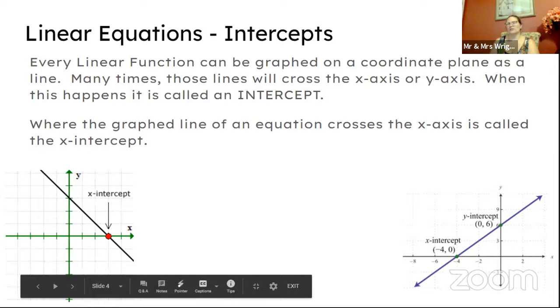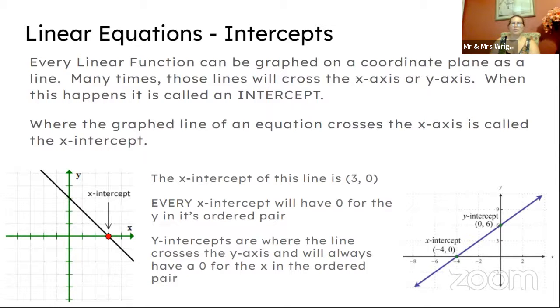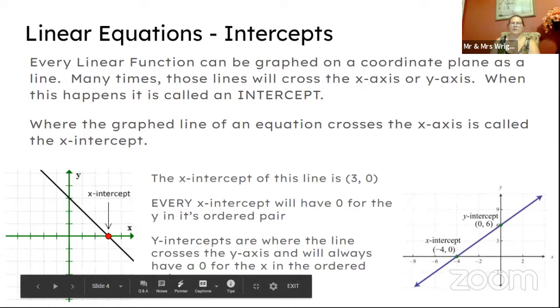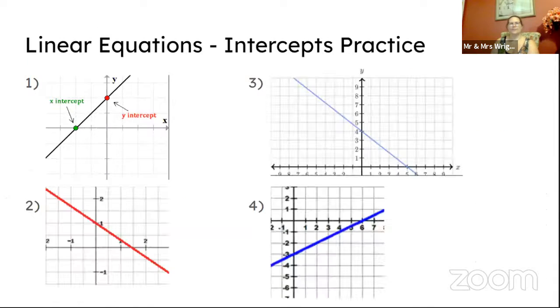You're going to keep that in mind as we solve these. Here it says every x-intercept will have a 0 for the y in its ordered pair, and the y-intercepts are where the line crosses the y-axis and will have a 0 in the x part of the ordered pair.